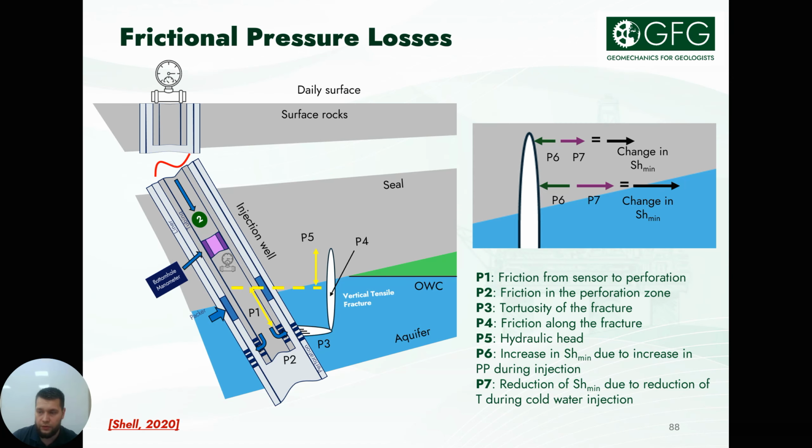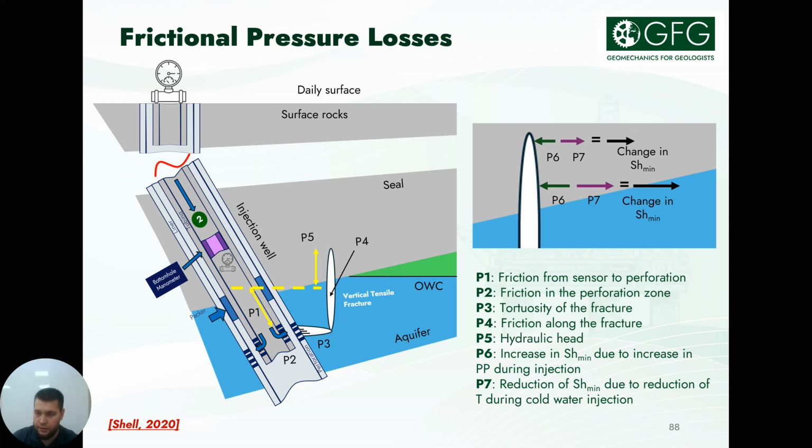The next object of analysis is the assessment of friction losses in the injection well. The following types of losses are observed in the process of injection. First, friction from sensor to perforation, number 1.